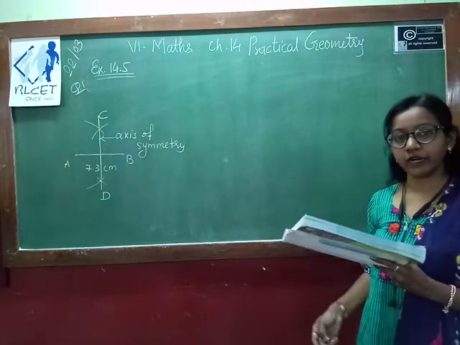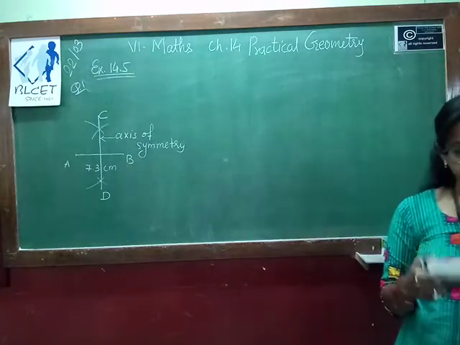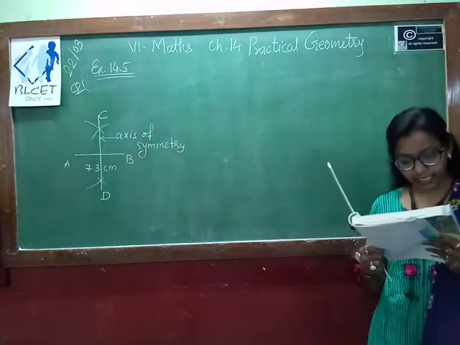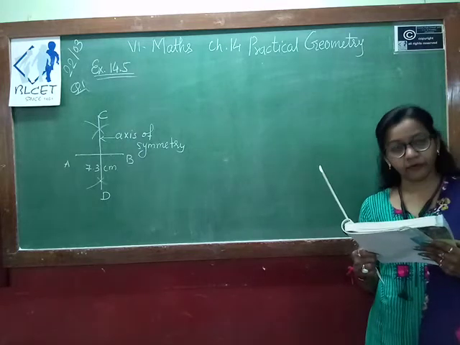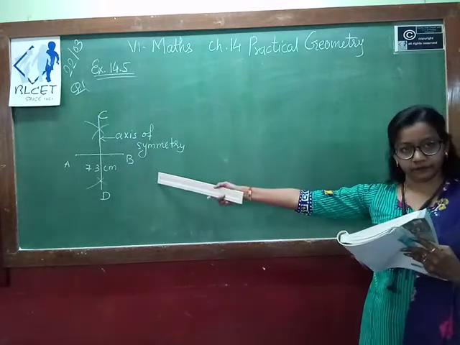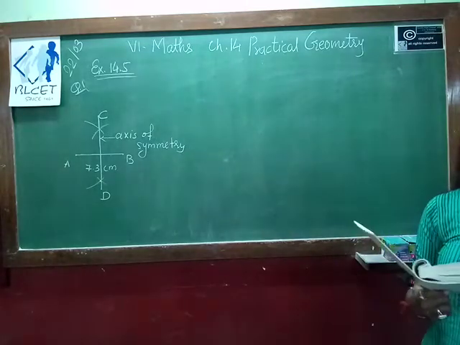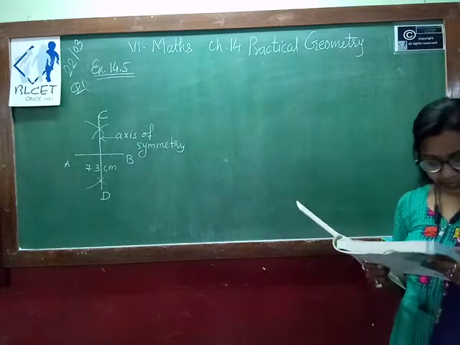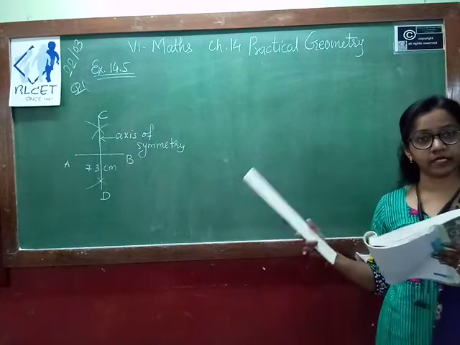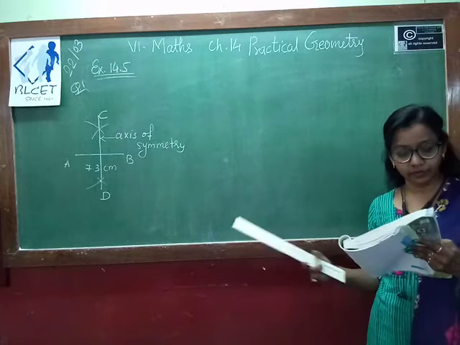So first we draw the line segment of length 9.5 with the help of a ruler, and with the help of compasses we can draw the perpendicular bisector of that line. So question number 2, try to do by yourself. Same construction you have to draw, but the length of the line segment is 9.5 cm.